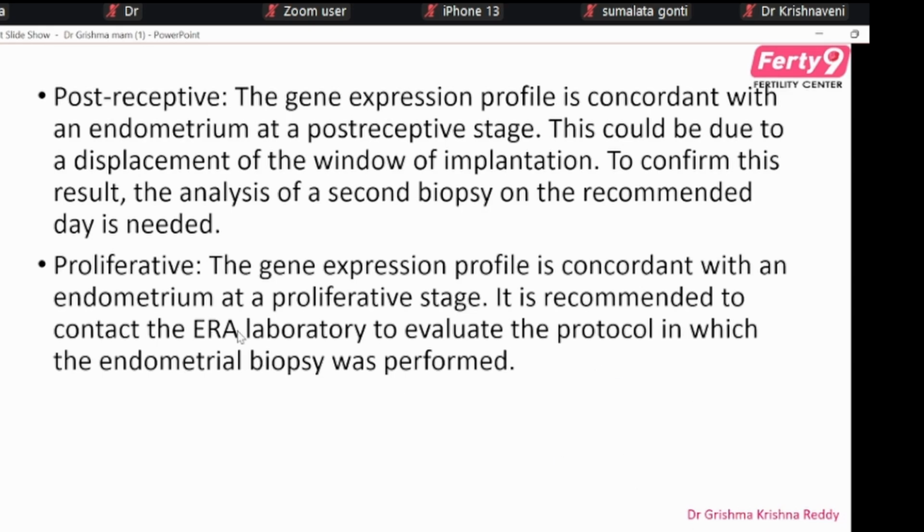It can also come as proliferative endometrium, where the gene expression profile is concordant with an endometrium at a proliferative stage. It is recommended to contact the ERA lab to evaluate the protocol in which the biopsy was performed.